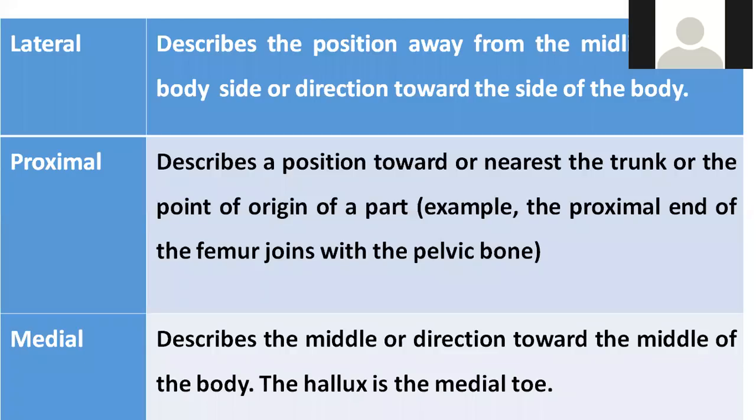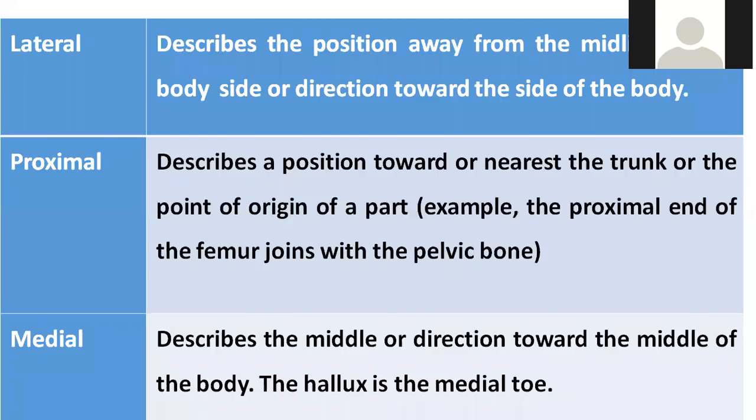The proximal is the one nearest to the trunk or to the point of origin of a particular limb. That's why I am taking the femur bone as an example. The proximal part of it is the head of the femur, and the proximal end of the femur joins with the pelvic bone.